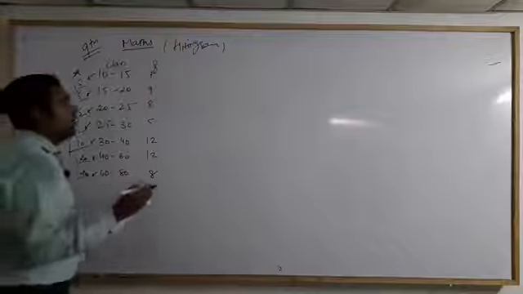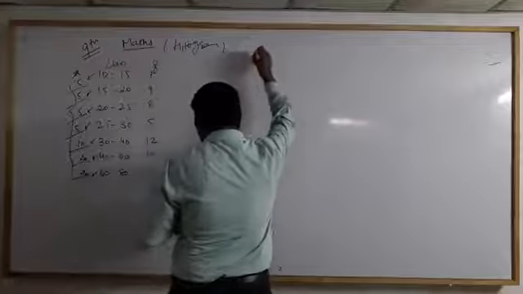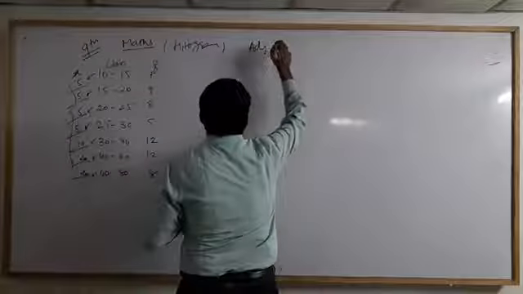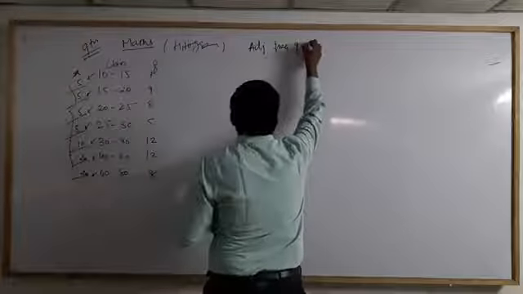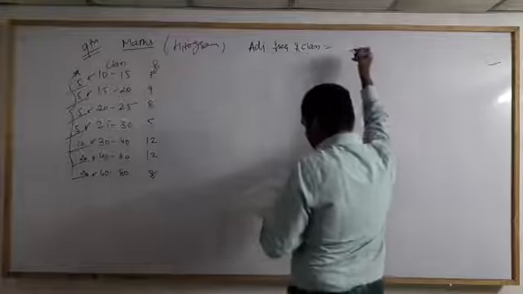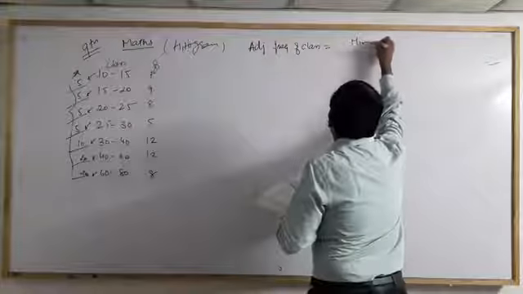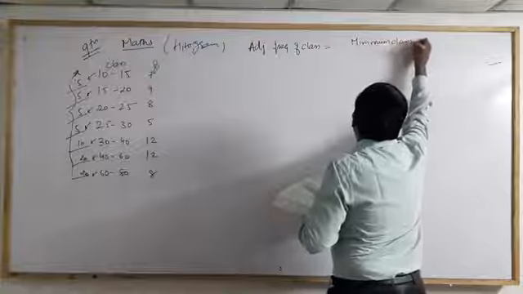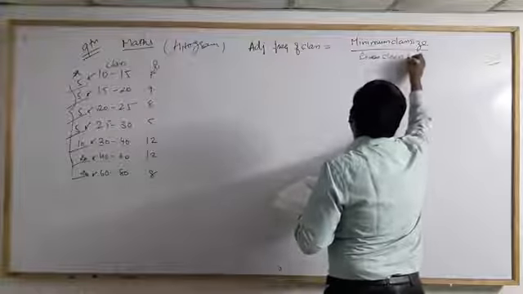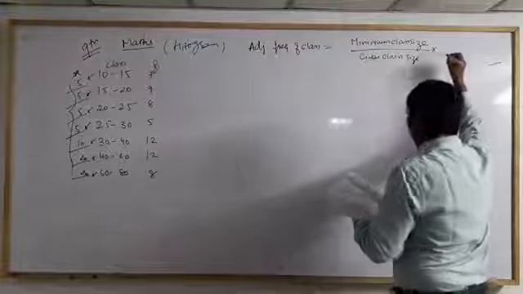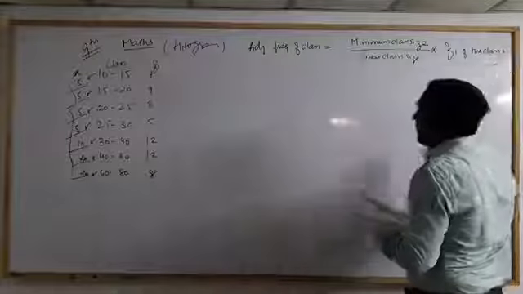The formula is: adjusted frequency of class is equal to minimum class size upon given class size, into the frequency of the particular class.